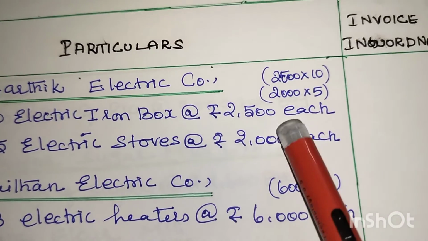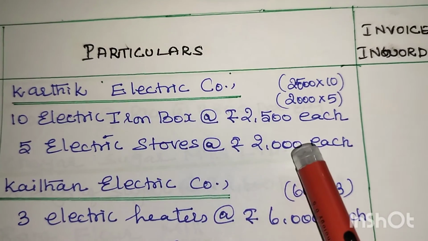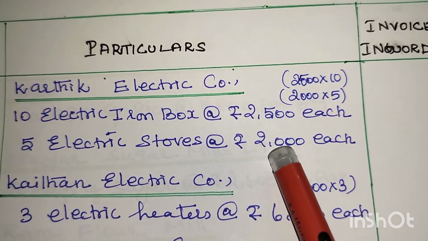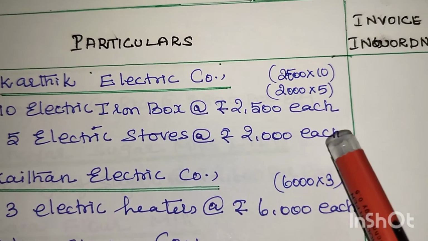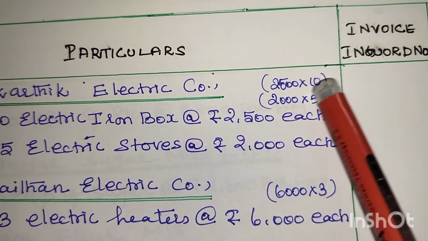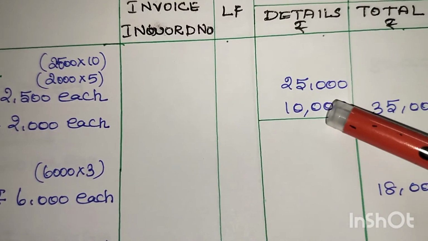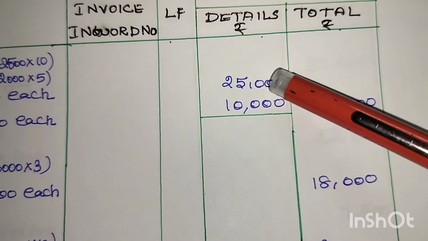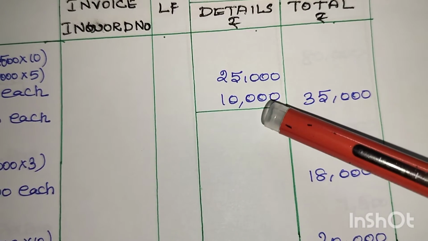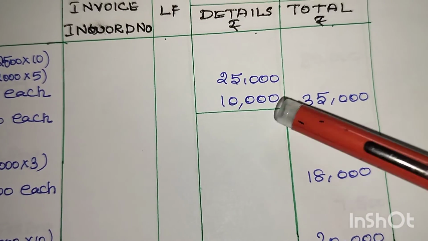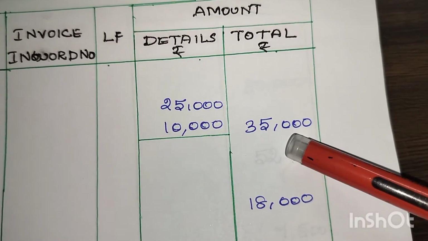Then you have to calculate 2000 into 5, because 1 electric stove is rupees 2000. We multiply 2000 into 5 and we will get 10,000 rupees. In the details we mention this clearly. Then in total we have to add these two amounts, 25,000 plus 10,000. We will get 35,000. So we enter 35,000 in the total column.